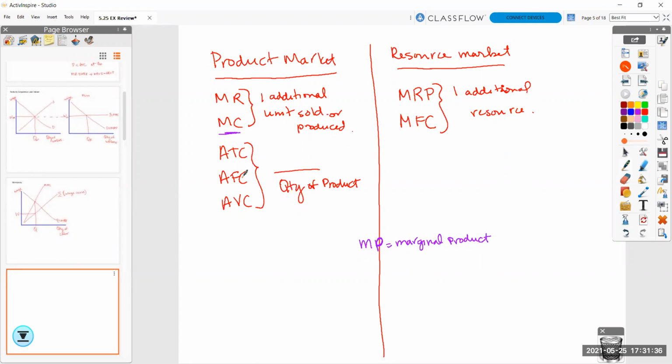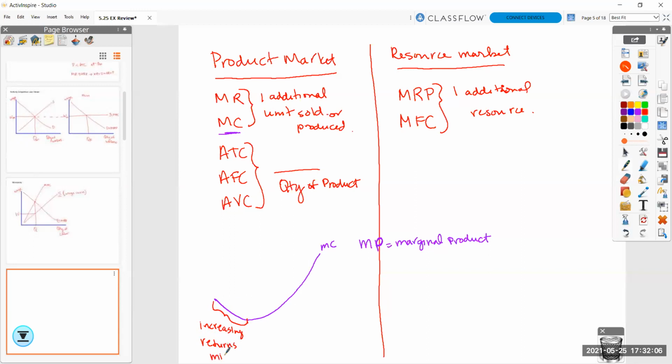And we talked about the law of diminishing marginal returns. We talked a lot during multiple choice about the marginal cost, because remember, the marginal cost curve looks like this. This portion right here is increasing returns.